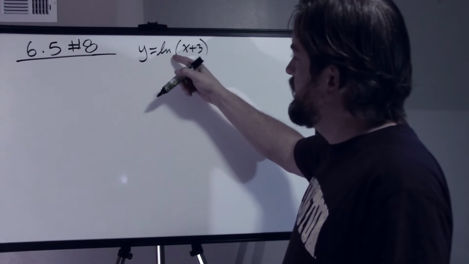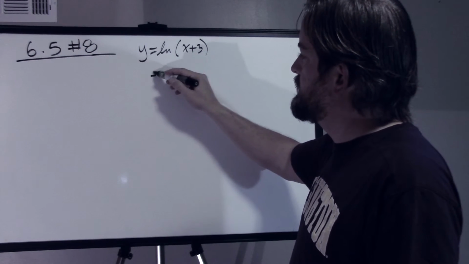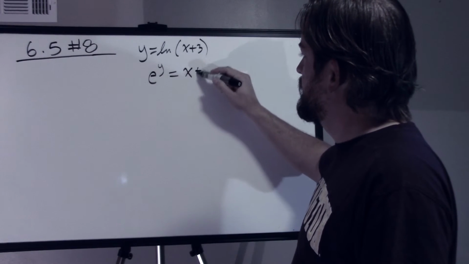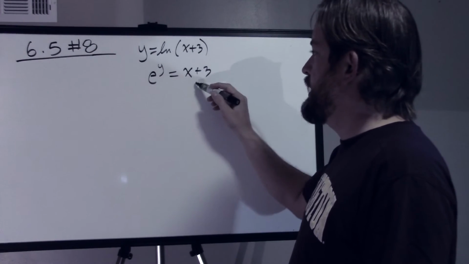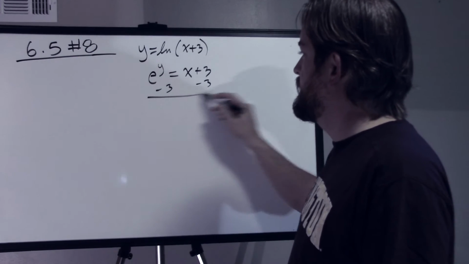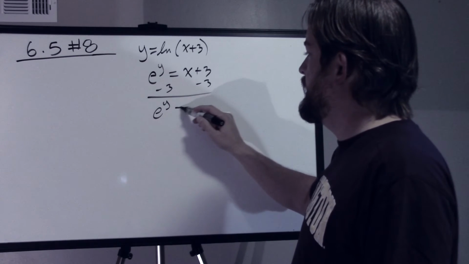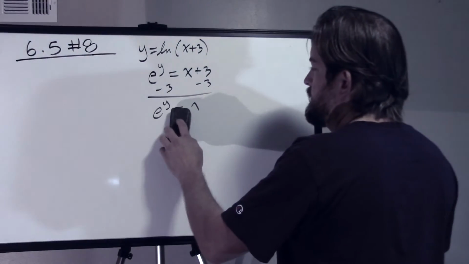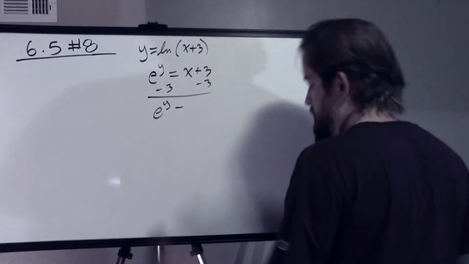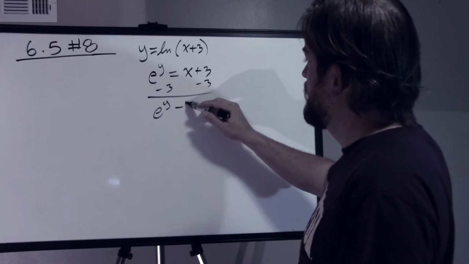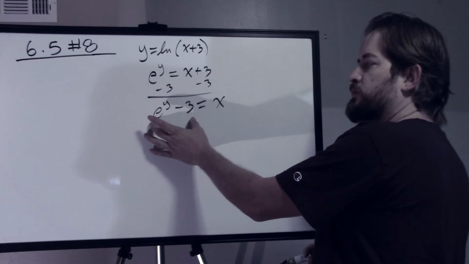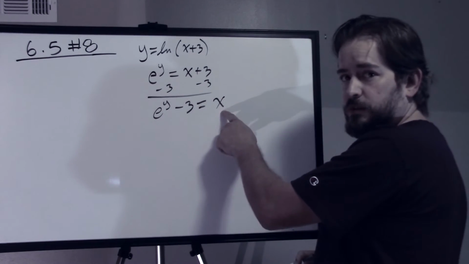This natural log has a base of e, so if I say e to the y is equal to x plus 3, I can subtract 3 from both sides. This gives me e to the y minus 3 equals x.